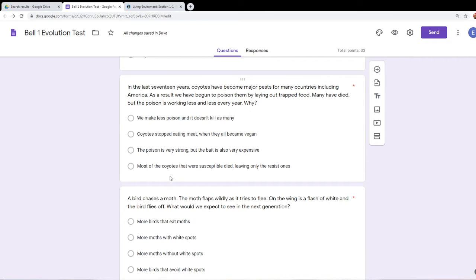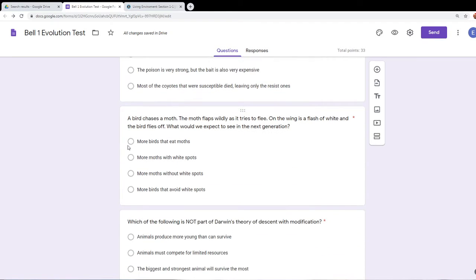All right. So, moving on to question, I think, 5. A bird chases a moth. The moth flaps wildly as it tries to flee. On the wing is a flash of white, and the bird flies off. What would we expect to see in the next generation? So the bird is trying to eat the moth, the moth flaps, the bird sees this flash of white on its wings, and the bird leaves.